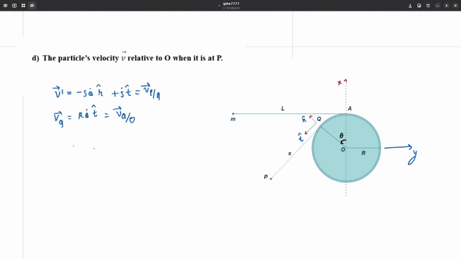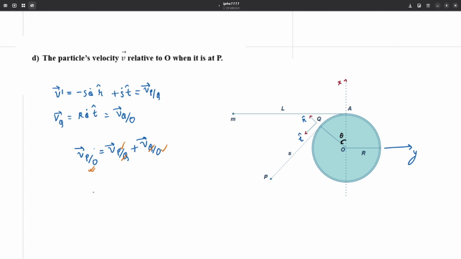We can write V of P with respect to O is equal to velocity of P with respect to Q plus velocity of Q with respect to O. This is the easiest method to generate a vector relative to another. Here, the Q below and Q above cancel out and give us the velocity of P with respect to O.